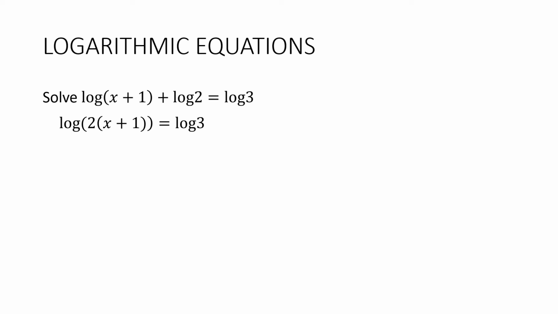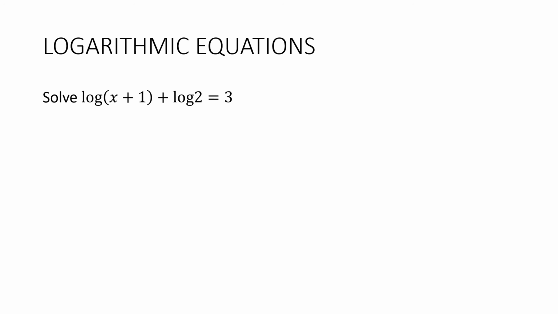Now because I've got log of something equals log of something, the somethings have to be equal. So this has now been reduced to a fairly simple equation. I can either expand through the brackets on the left-hand side or divide both sides by 2. Let's expand through the brackets. Now I'm going to subtract 2 from both sides. 2x is equal to 1, and our answer is x is equal to a half.